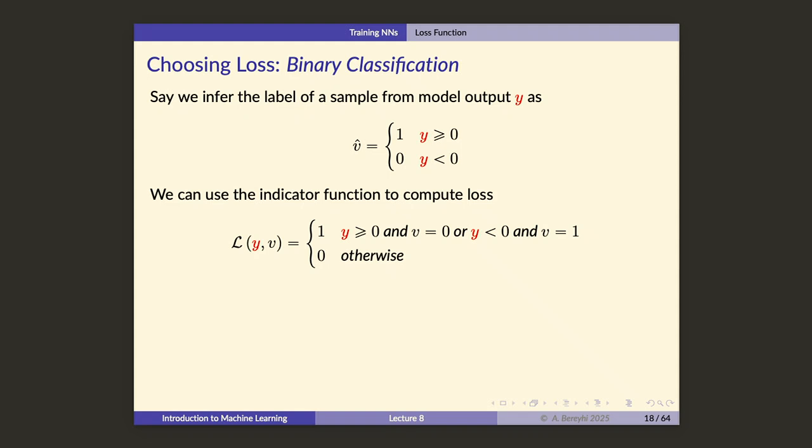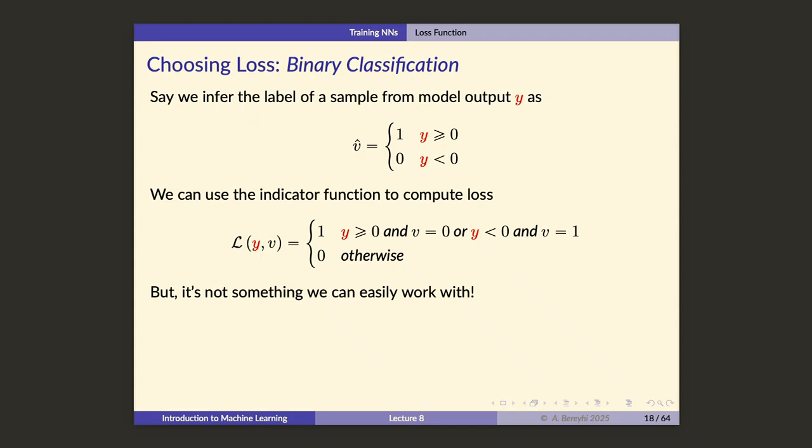So I'm going to put an error here. The other case as well: if I conclude that the label is 0, but the true label is 1, again I'm going to say I have a loss. And in any other case, I'm going to say I have no loss, so essentially 0, right? You might remember from our linear classification problem that this is not a good choice, but I wrote it here because later on, when we do backpropagation, I want to get back to this one as well, okay?